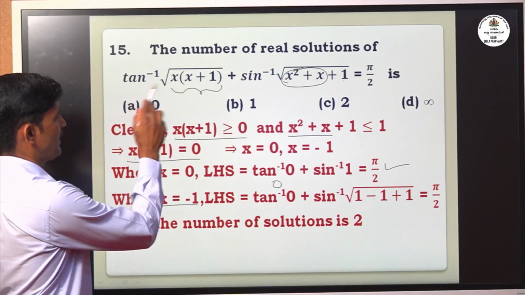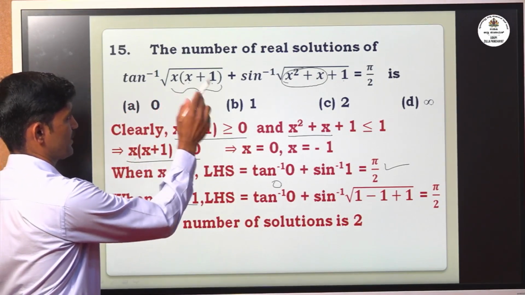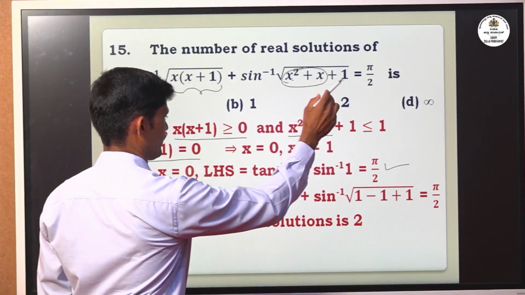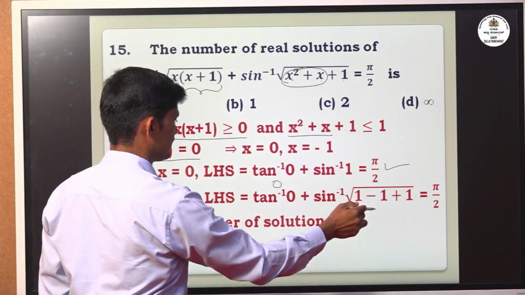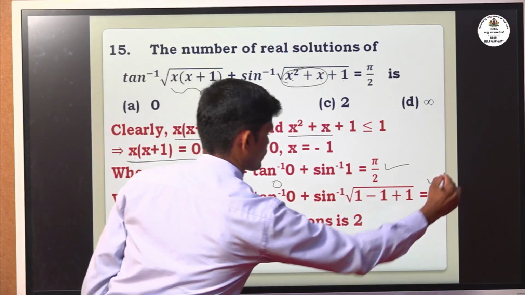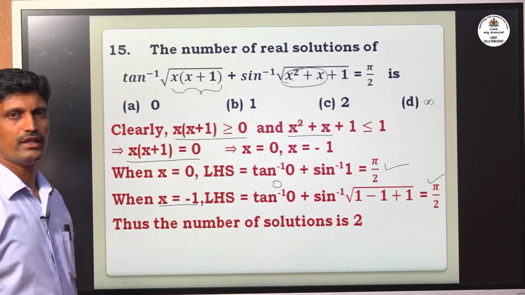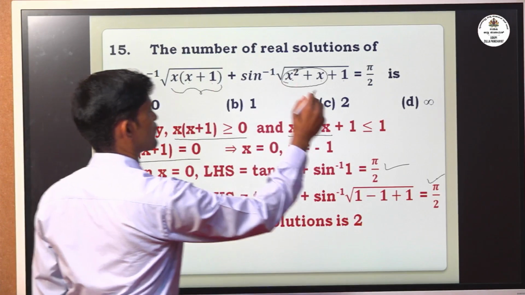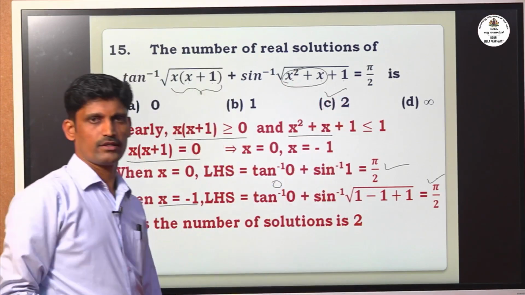Then it becomes tan inverse of minus 1 plus 1, which is 0, plus sin inverse of root of 1 minus 1 plus 1, which is 1. Tan inverse of 0 is 0, sin inverse of 1 is pi by 2. Therefore this is also a solution. Therefore the number of solutions is 2. Number of real solutions of this equation is 2.